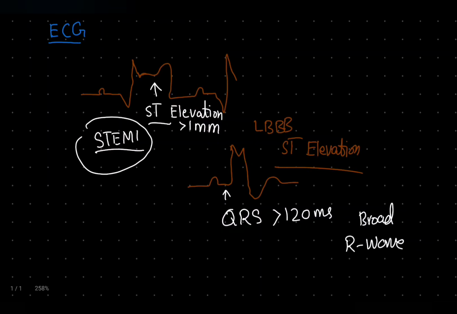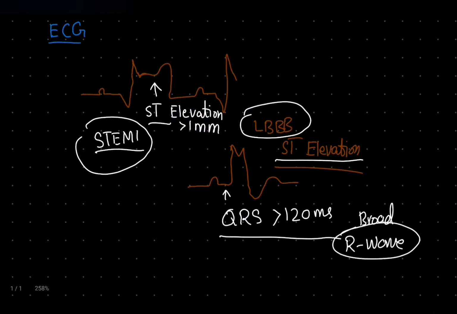Left bundle branch block can mask ST elevation; its QRS duration is more than 120 milliseconds and it has a broad R wave. The diagnosis can be made when left bundle branch block and the presentation are strongly suggestive of myocardial infarction, MI.